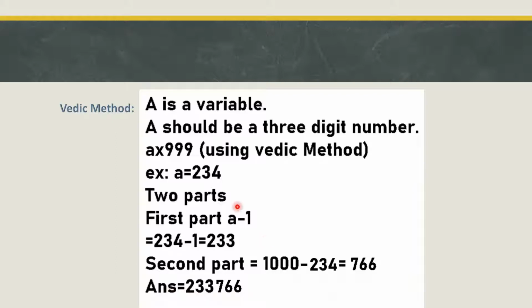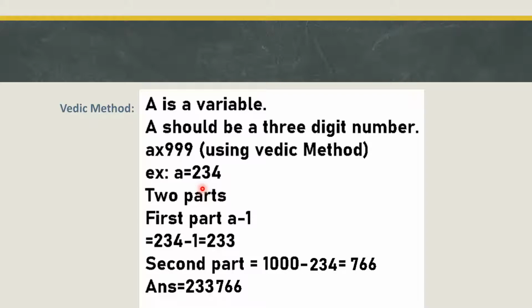I'll repeat the technique. Here we have taken a as a variable with the condition that it's a 3-digit number. Now we are multiplying a into 999. We put 234 in a.